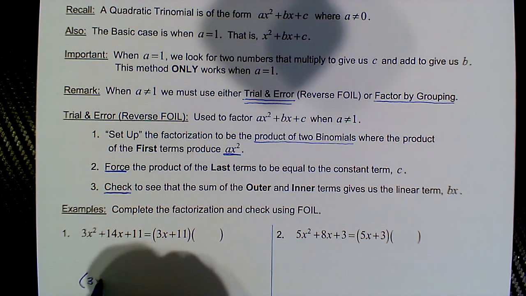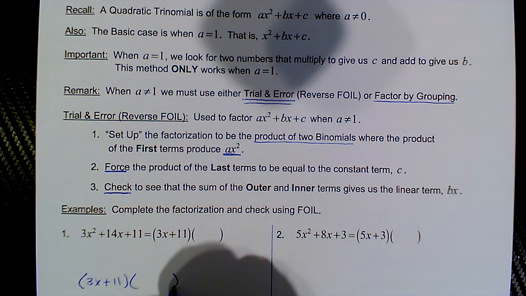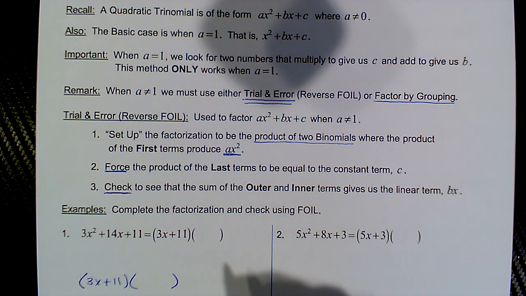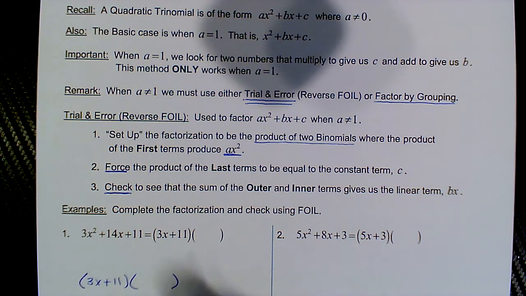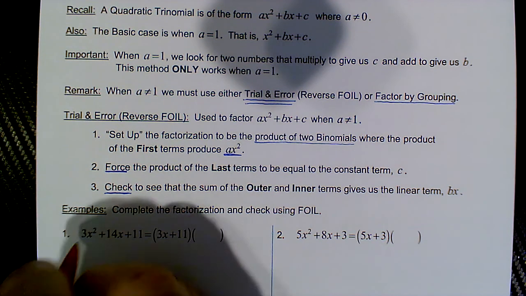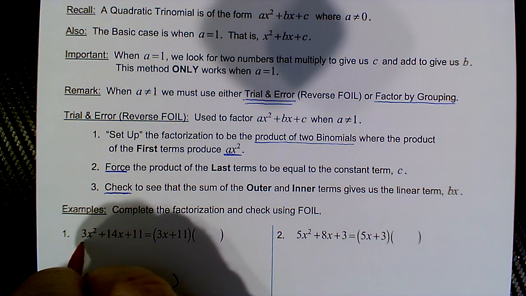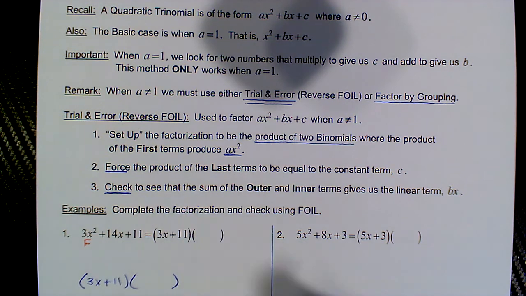We're given that 3x plus 11 is a factor, and we know that we have a binomial here that's a factor. So the idea is that, once again, the first term of the quadratic trinomial comes from the product of the first terms in the product of the two binomials.